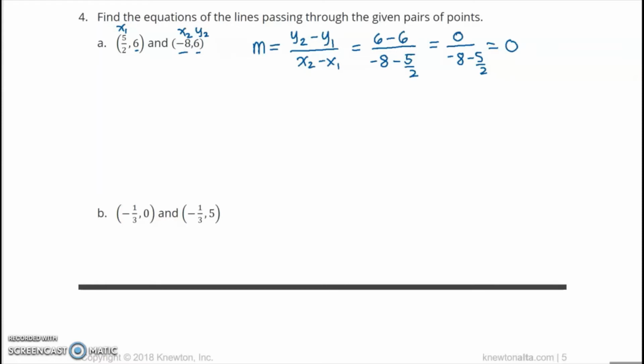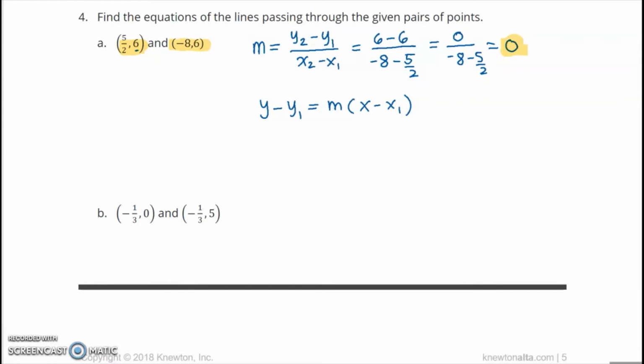So therefore, we will just have y minus y sub 1 is equal to m times x minus x sub 1. Now, you can use any of the given points here to be your point, and you can use this result here as your slope, and just pick either of the points as the point that you're going to use for the formula.